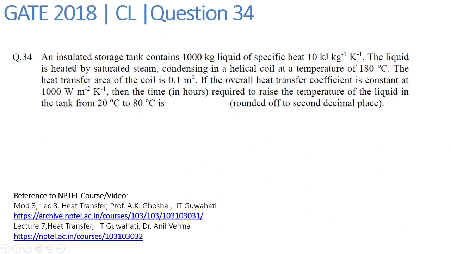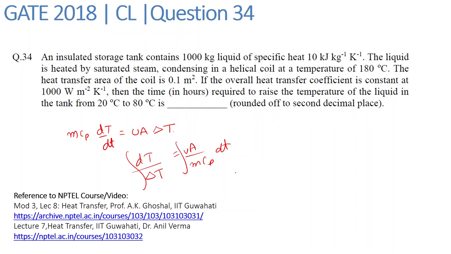Just to revise, in this given question, we had written the energy balance m Cp dT/dt is equal to UA delta T. Then we integrate this equation, that is UA upon m Cp times delta T into dt, to find the temperature as a function of time.